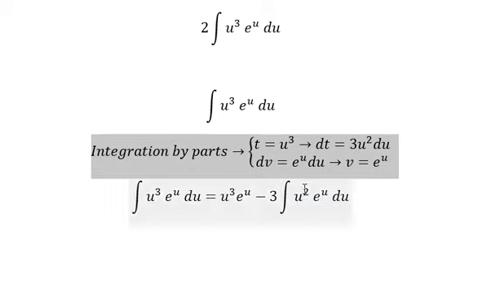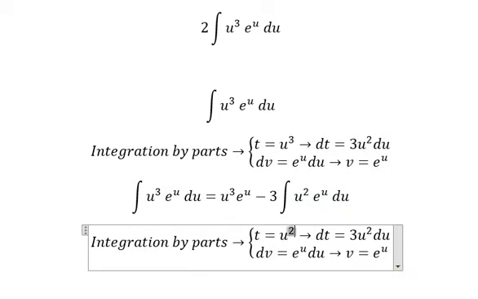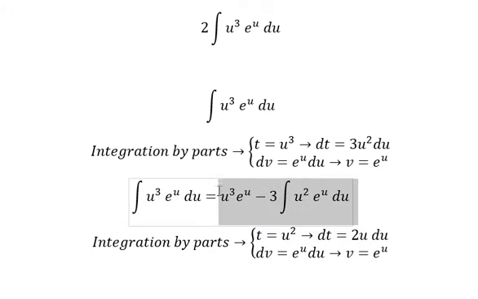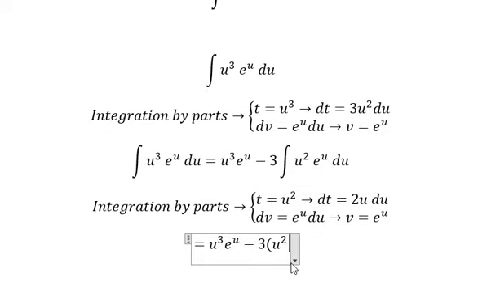Now we concentrate on u squared in here, and this one you get 2u. So we have t multiplied by v minus v dt.